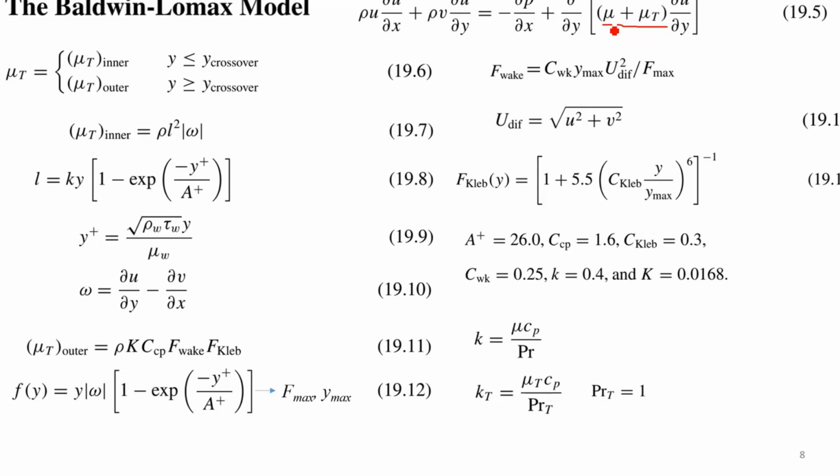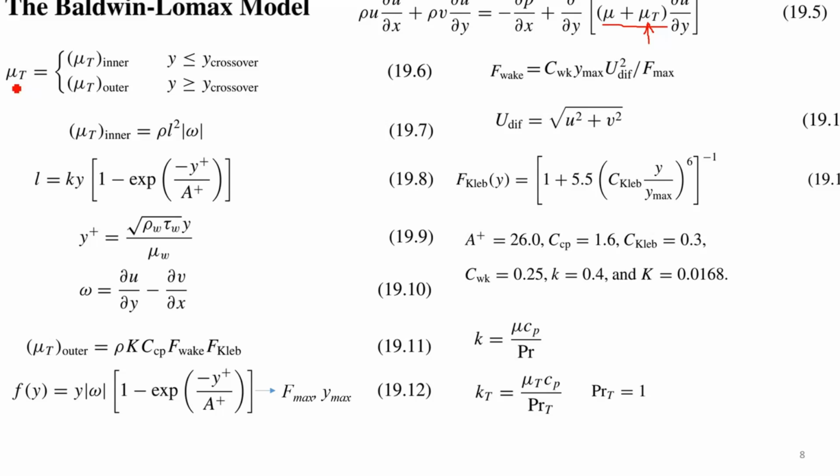This value is very small, I think around 1.8 times 10 to the power minus 5. It is our usual viscosity, which we use to calculate the Reynolds number. And mu T is the turbulent viscosity calculated by the model presented on this slide.